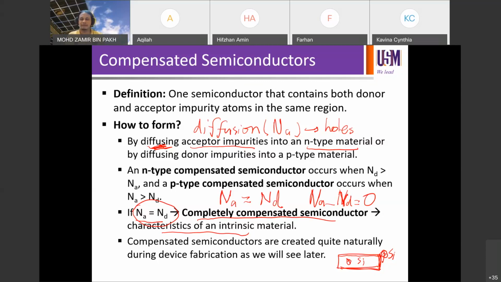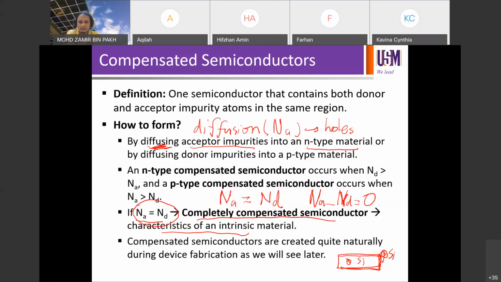So if you're going to get p-type eventually on the top surface, is it easier to get it on the top surface of an intrinsic or on an n-type? You want to form a p-type now. Which one is easier? Okay, Amiro said intrinsic. Okay, Shreya said n-type. Logically, which one is easier? Do you want to start from one polarity or something neutral? Logically, yeah.